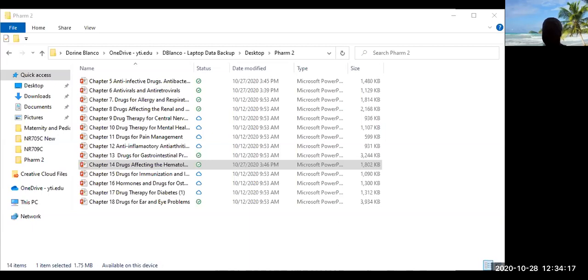So just look in your book. Your vitamin K antagonists, the Coumadins, usually fall under those categories. Again, I didn't make the slide, so sorry for what it says.